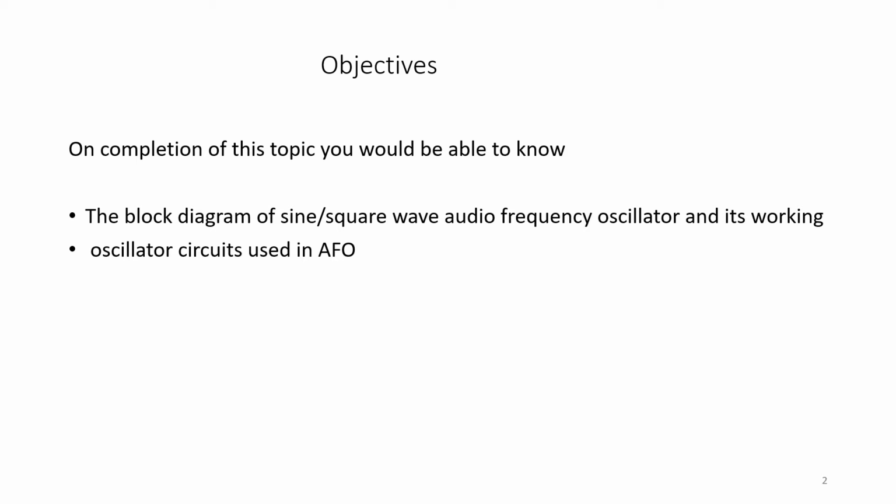Earlier, function generators tended to rely on analog oscillator circuits that produce the waveforms directly. Modern function generators may use digital signal processing techniques to generate the waveforms digitally and then convert them from digital to analog format.